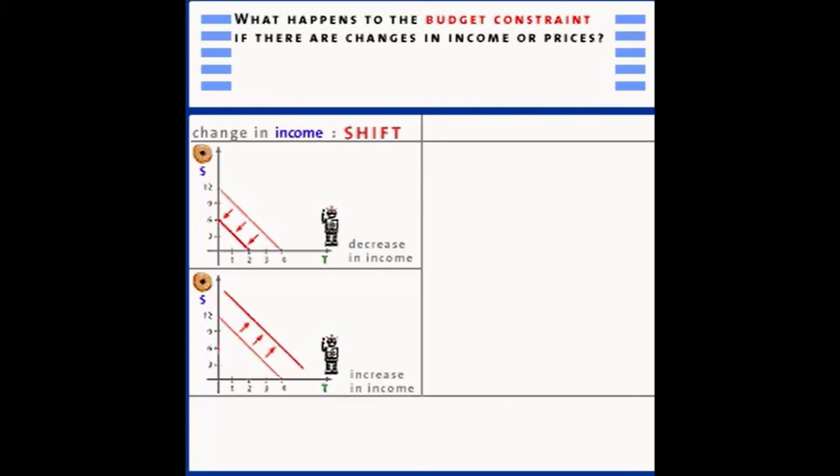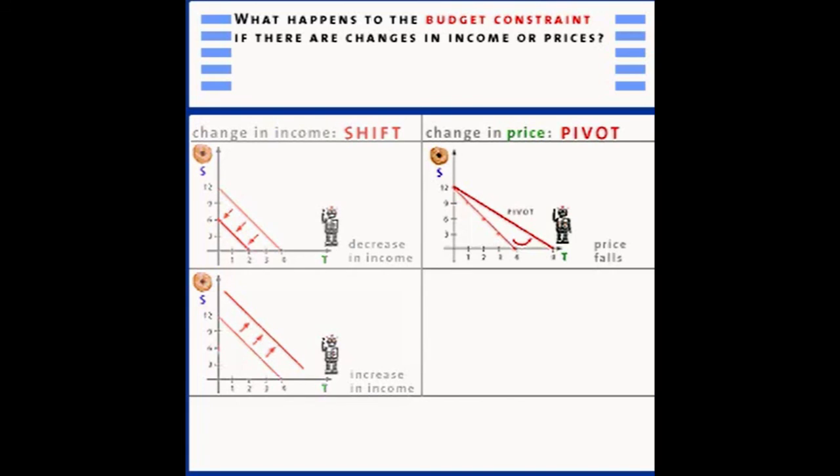The budget constraint moves outwards in the direction of the product that's become less expensive. Now, instead of only being able to afford 4 toys on your $12 income, you can afford 8 toys, and that's why the horizontal intercept has moved out. Notice, because toys are less expensive now, you can afford to buy more stuff than before. The budget constraint has pivoted outwards.